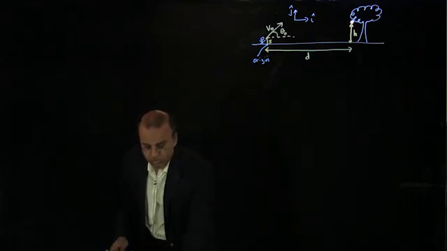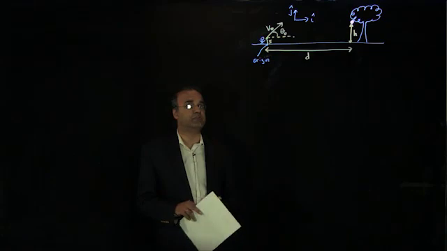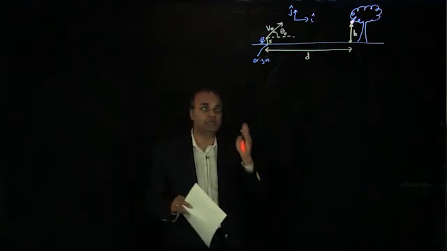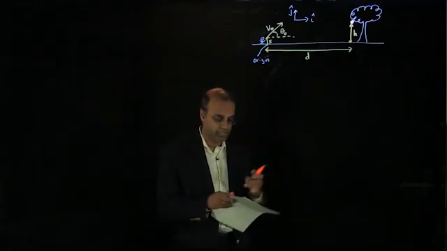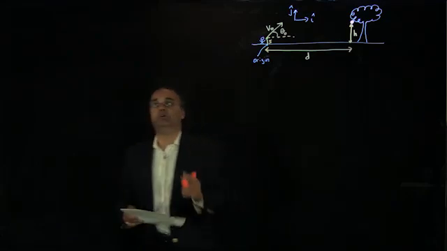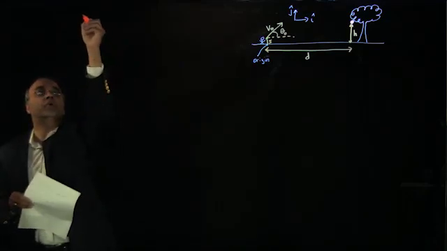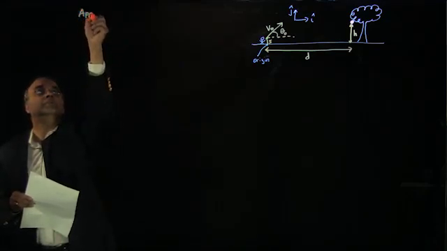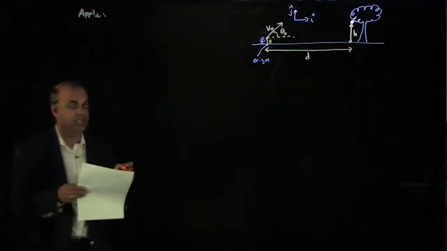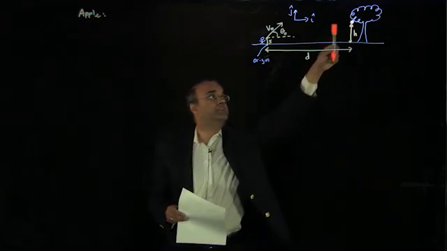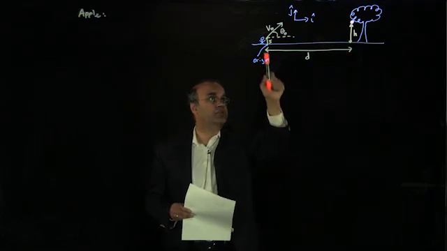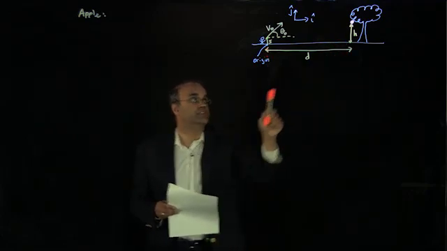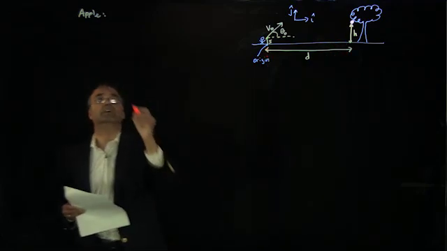OK, so to work this out, we need to consider the kinematics of two separate objects, our projectile and the apple. So let's begin with the apple. For our apple, the apple drops vertically straight downward, so its horizontal position throughout its motion is just unchanged.